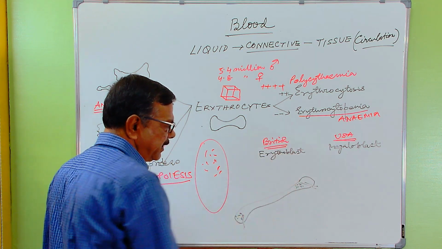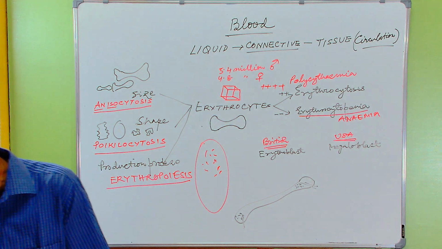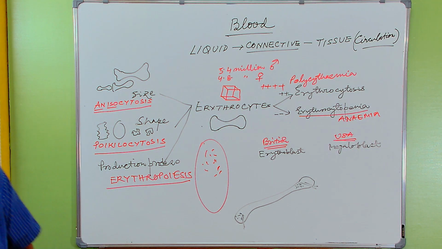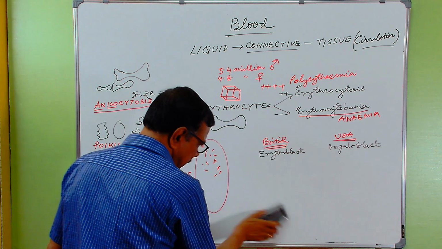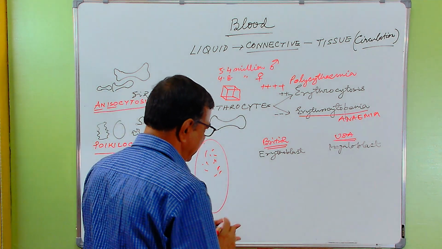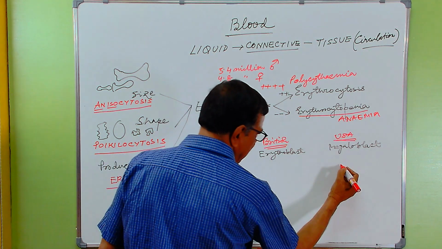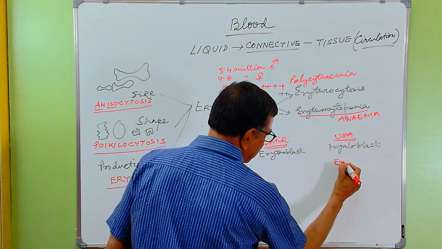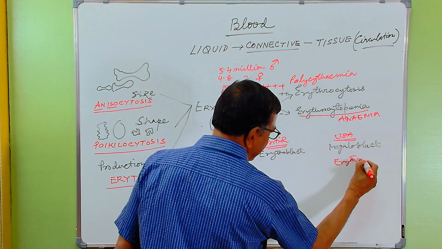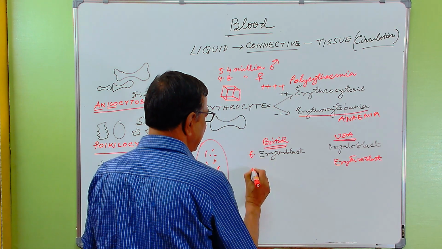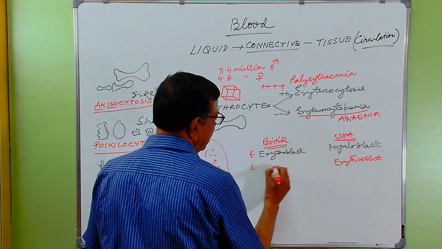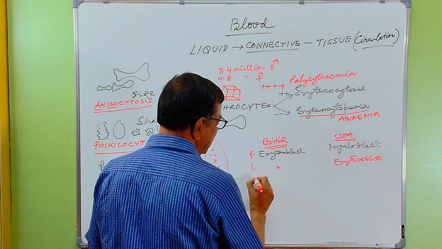British people are calling it erythroblast, and these people are calling it megaloblast. After some time they came to an agreement. They say early erythroblast, late erythroblast, and mature erythroblast.